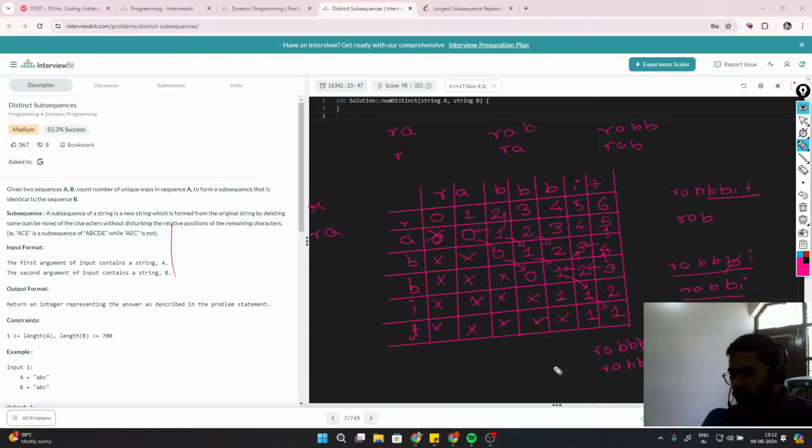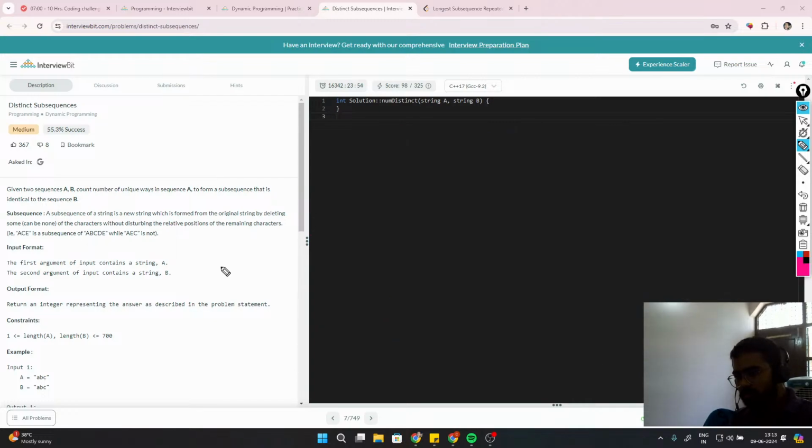Let's try for any recursive approach. Maybe this is one of the possible ways, but I would not suggest going this way. Maybe I'll go for some other approach.